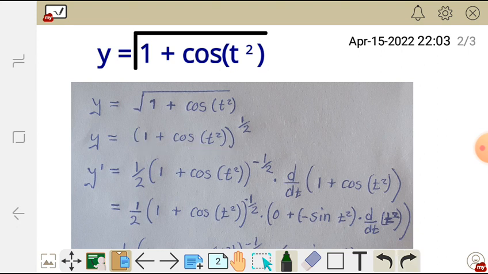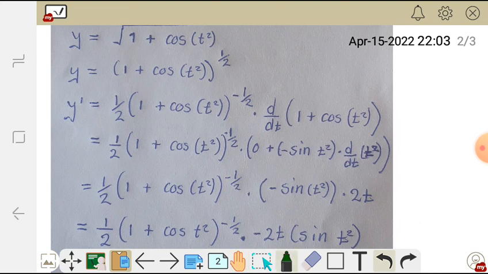So we say 1 over 2 times (1 plus cos t squared) to the power negative half, multiplied by the derivative of what is inside. The derivative of 1 is 0, since the derivative of a constant is 0, and then the derivative of cos t squared.